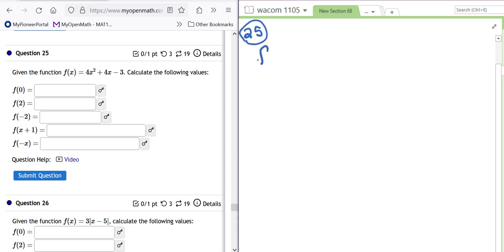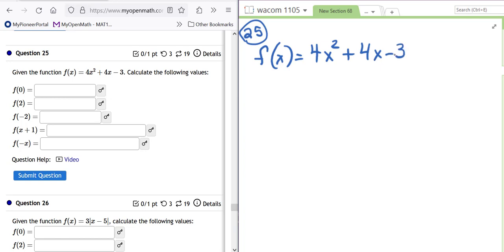All right, so we have a function, f of x equals 4x squared plus 4x minus 3, and they want us to evaluate. Evaluate means you're going to plug in, and so you're going to plug into every x. Parentheses are your friend when you plug in, especially with this exponent, and to show your multiplication is a good idea. So we're going to plug in first 0.